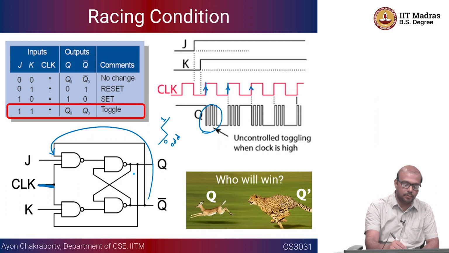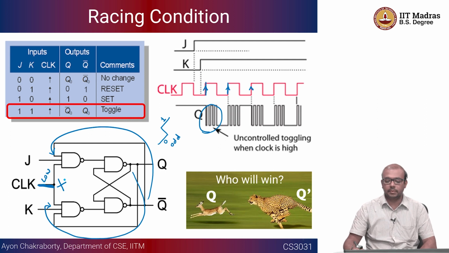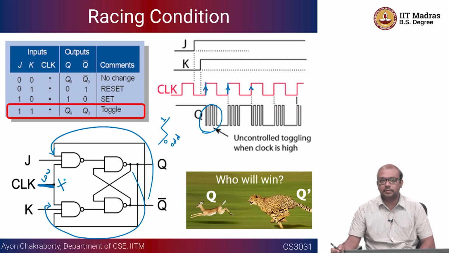Similarly for Q, whenever this feedback is computed and goes here, maybe the clock is low, so it cannot enter the circuit anymore. That is not going to create another toggle. Okay, so as long as the clock is high, this is going to keep on toggling.